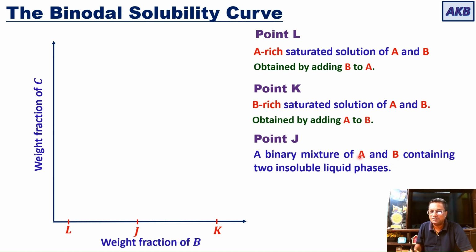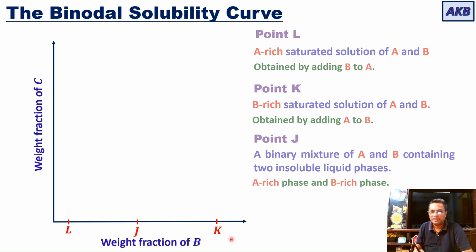The composition of A rich phase at point J will be given by point L, whereas the composition of B rich phase will be given by point K. Okay, so now we have understood how these three points L, J and K represent different types of solutions.